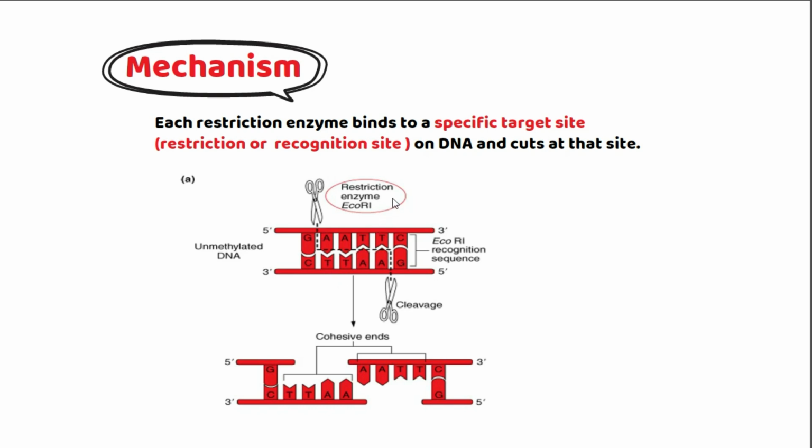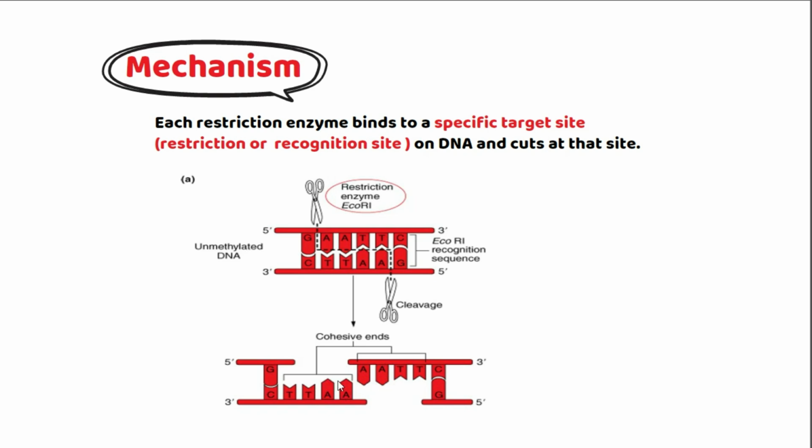Each restriction enzyme, in this example EcoR1, cuts between G and A on the top strand, and on the other strand, from the other direction, also between G and A. So it leaves a certain shape called sticky, cohesive or adhesive ends.